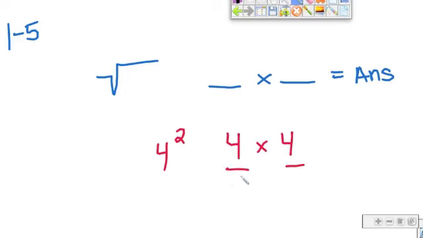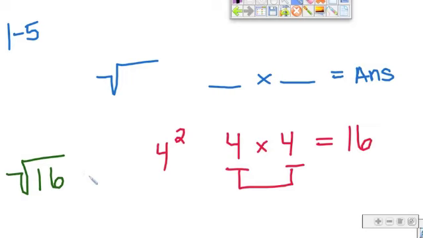Notice both of these numbers are the same. That's what I mean by these numbers here need to be the same to get you a certain answer. Well, 4 times 4 is 16. Well, that means that the square root of 16 equals 4. That's all that means. You're going in reverse, okay?